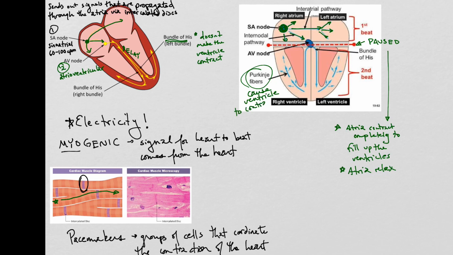Remember that contract means that the muscle shortens, so it squeezes. And this causes the blood to flow up and out of the arteries. If it's going from the right side of the heart, it's going out of the pulmonary artery to the lungs. If it's going out of the left side of the heart, it's going out to the aorta, which then travels to the rest of the systems of your body.